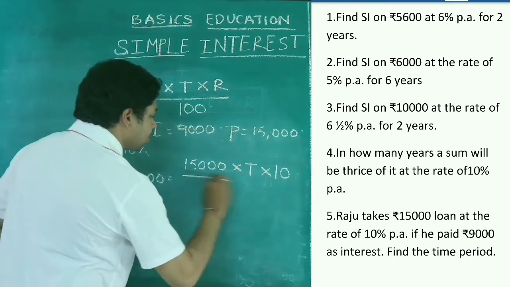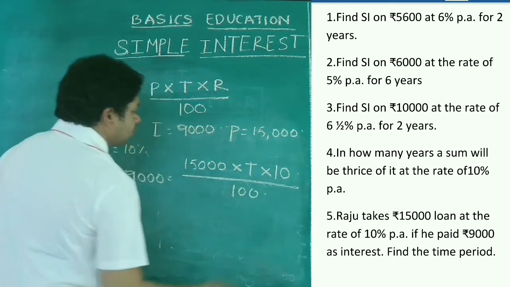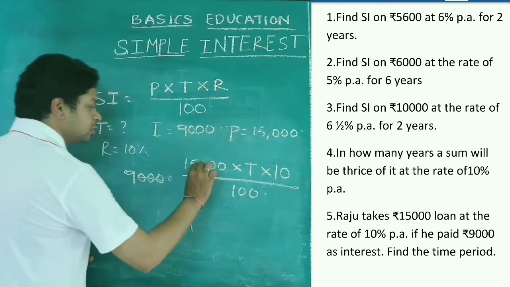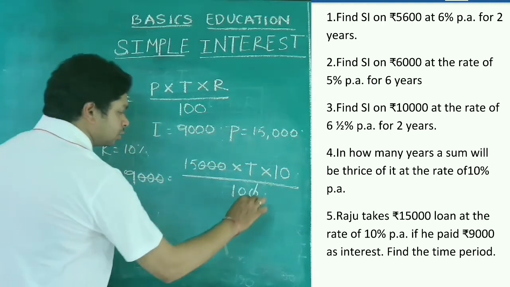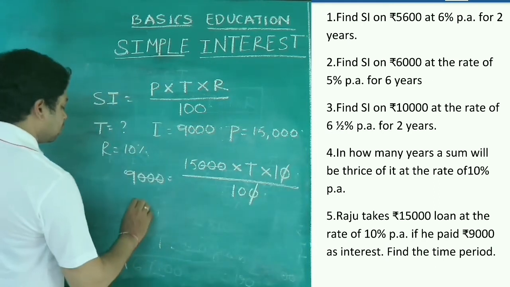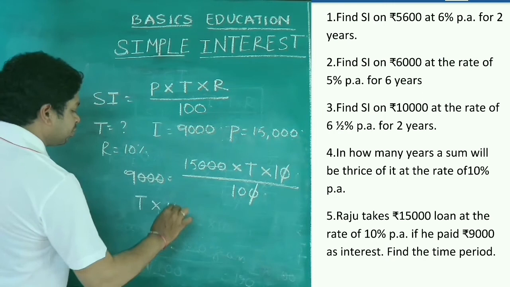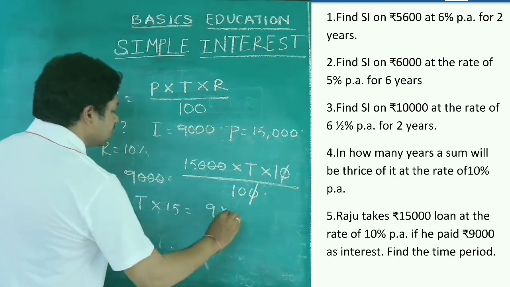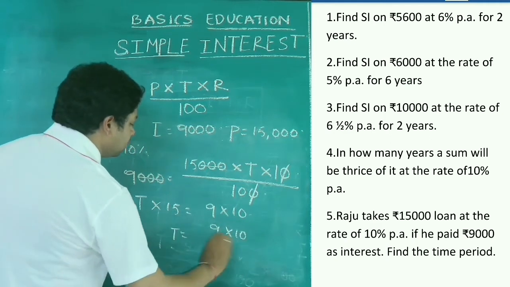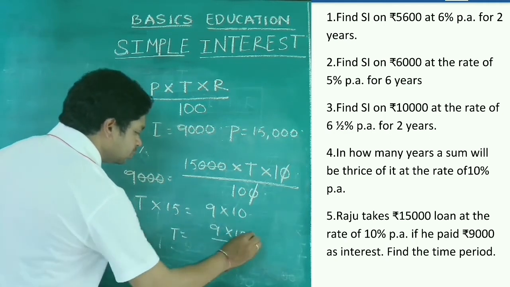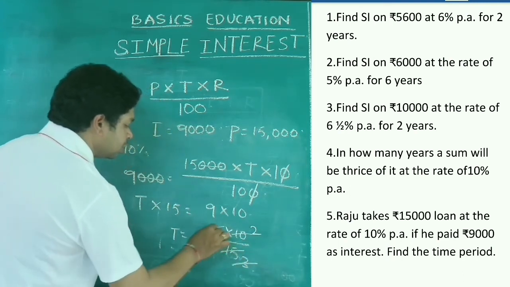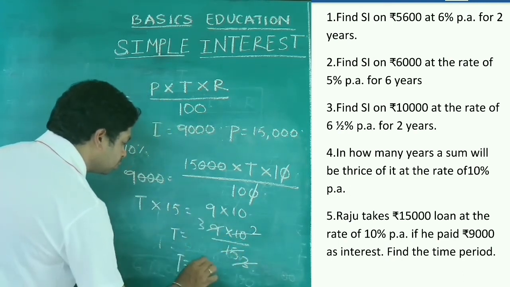Cancelling on both sides, these three zeros will be cancelled and both will be cancelled, and then time into 15 equals 9 into 10, then time equals 9 into 10 by 15. On cancellation, 3 times, and 3 here 3 times, then t equals 6 years. This is the final answer.